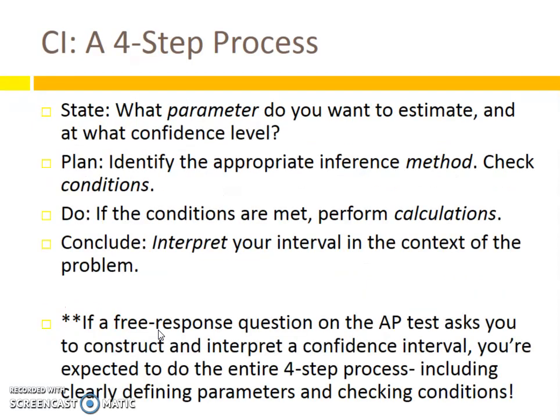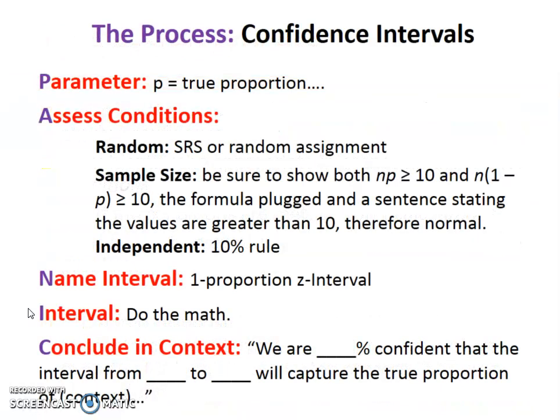Now, when we do our 4-step process, we're doing everything we just did. It's not prompting you. If this were a free response question on an AP test, right, you would have to do the 4-step process, including defining parameters as well as checking conditions. They count as things to remember. Now, a little way to help you remember besides state, plan, do, conclude is this little acronym.